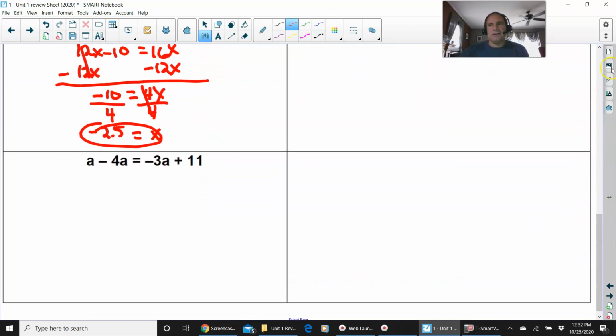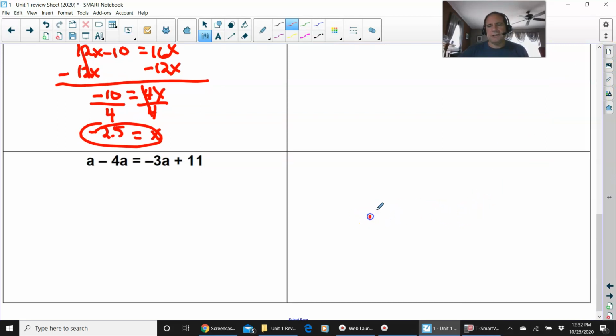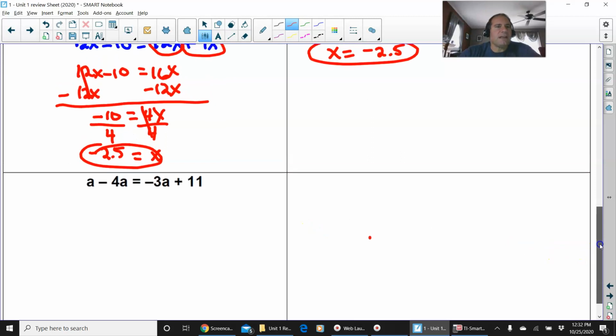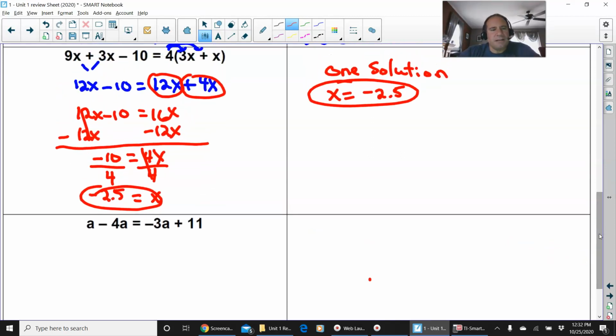All right. Last problem on this page, last problem on the review sheet. Go ahead, see if you can do it. Press pause now. So you know what I said in the question before. If there are different coefficients of x, you will have one solution.